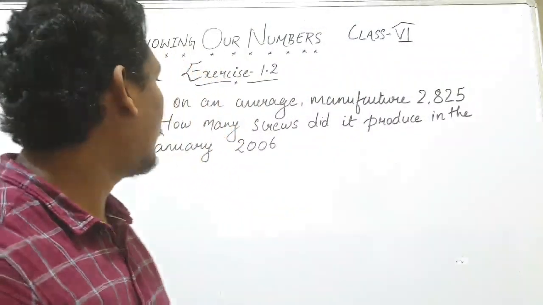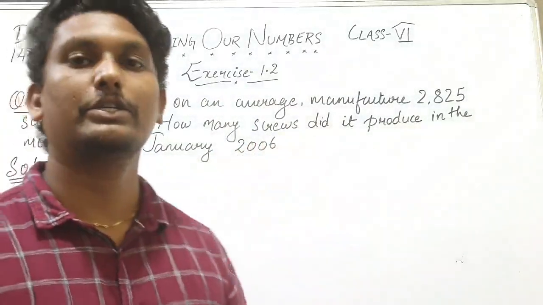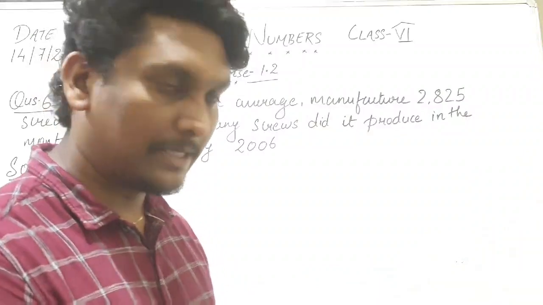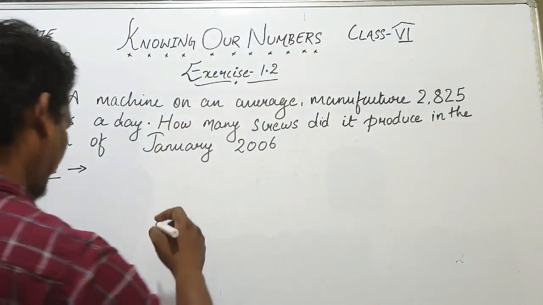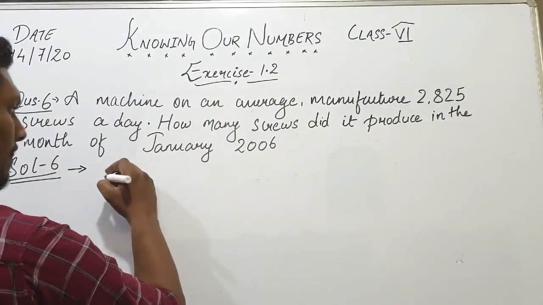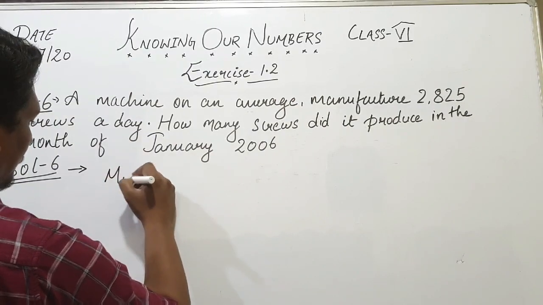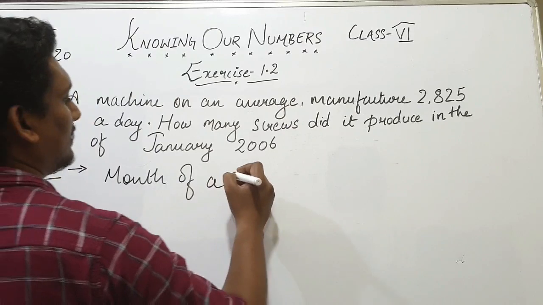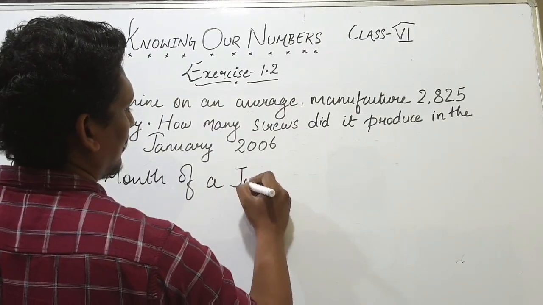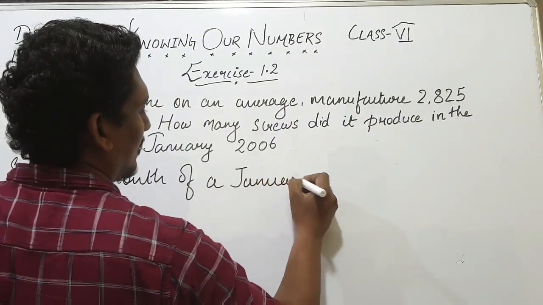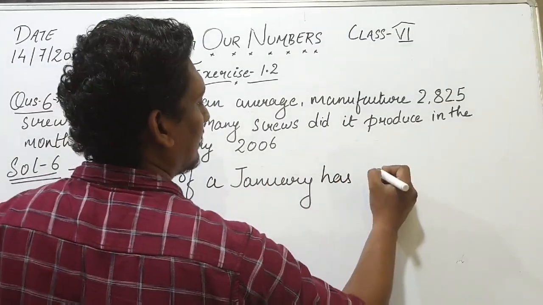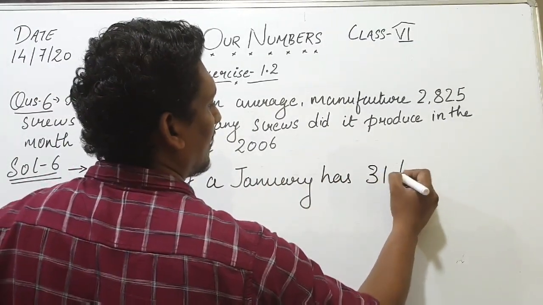First we'll find out how many days are in January. We have 31 days. So let's come to the steps. Month of January has 31 days.